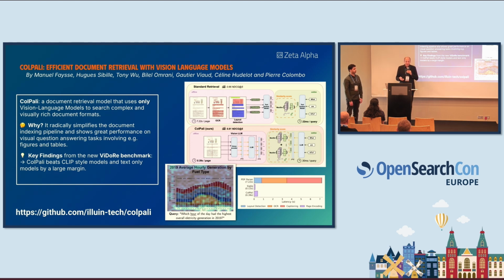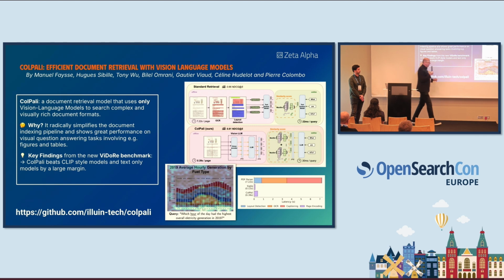Instead of going from a PDF and chunking the PDF and extracting the tables and figures and processing all of that separately, they proposed to just take an existing vision language model that was trained, among other things, for visual question answering, and to simply use the representations that it generates directly as an embedding for the content. So basically going from a bitmap of the page to embeddings in your search engine.